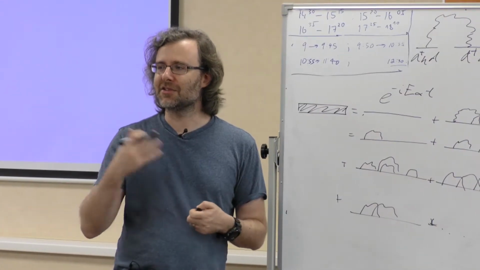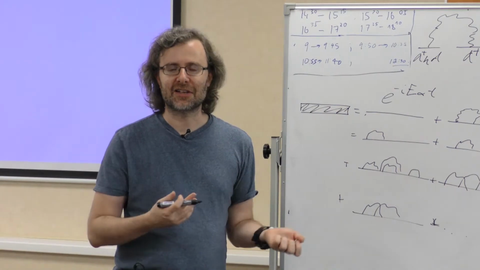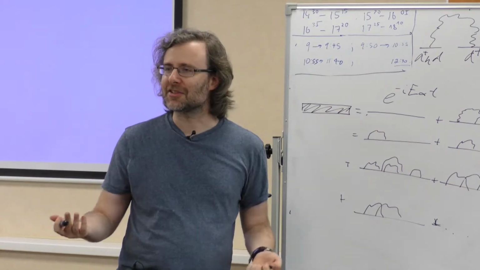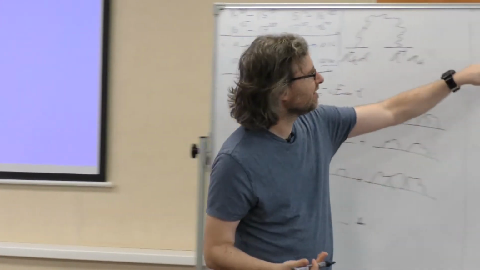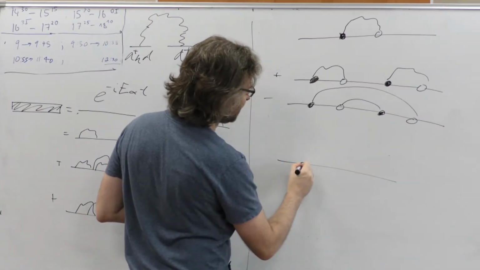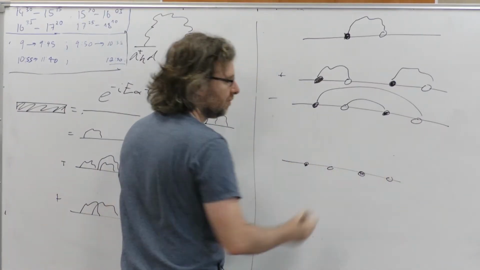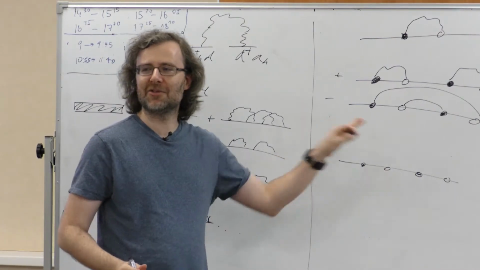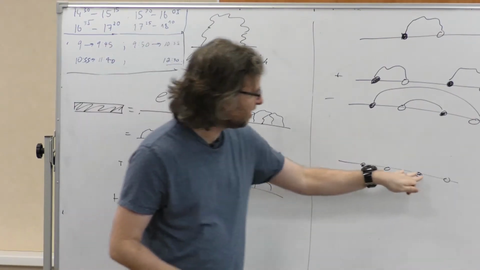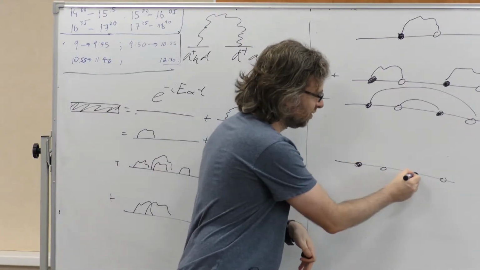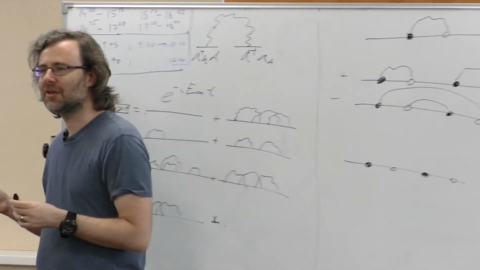Your configuration space that you're summing over isn't actually diagrams. It's not diagrammatic Monte Carlo. It's actually these objects. You never have to draw the diagrams. You just calculate the determinant that is given by these objects. So that can be very efficient.